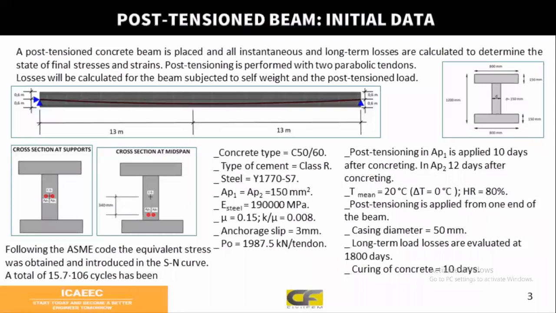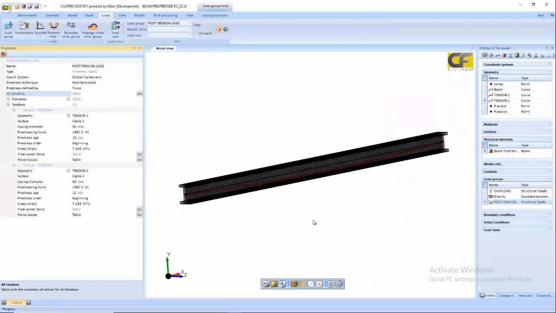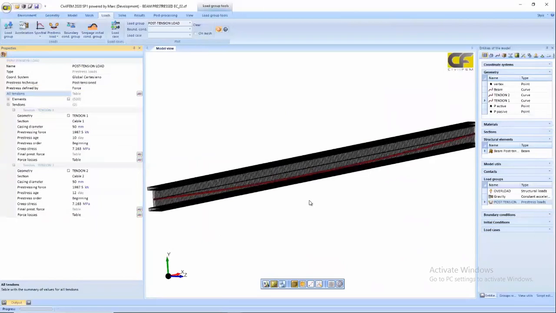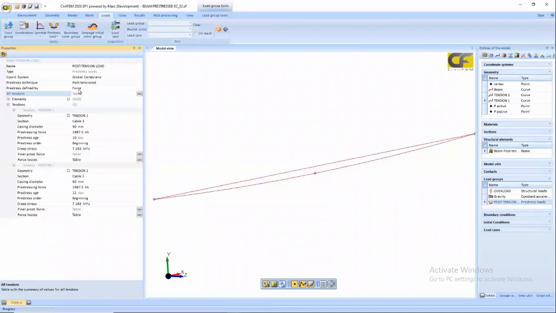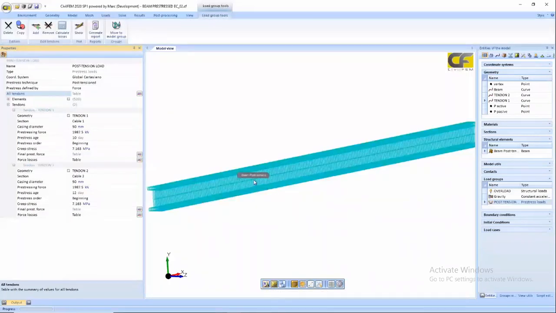For the pre-stressing case, there is an example of pre-stressing as well in the worked examples section. There is a pre-stress load utility where you have to define just the geometry of your tendon, and here when you define a pre-stress load, just select the geometry of the tendon and the elements of the host structural element.